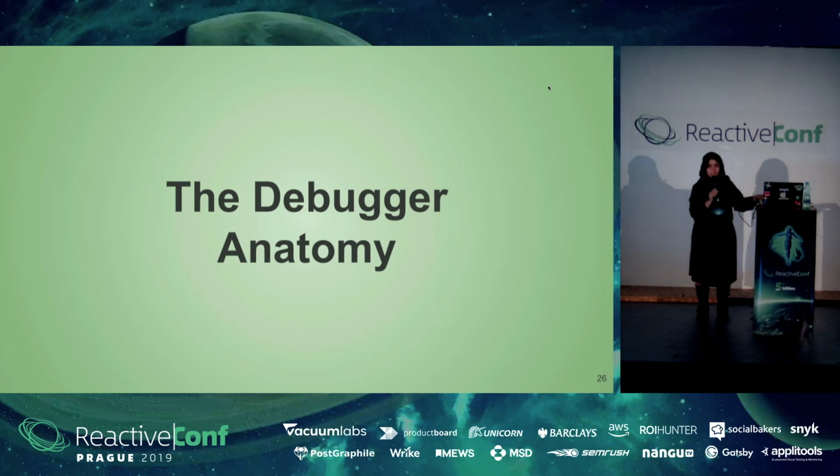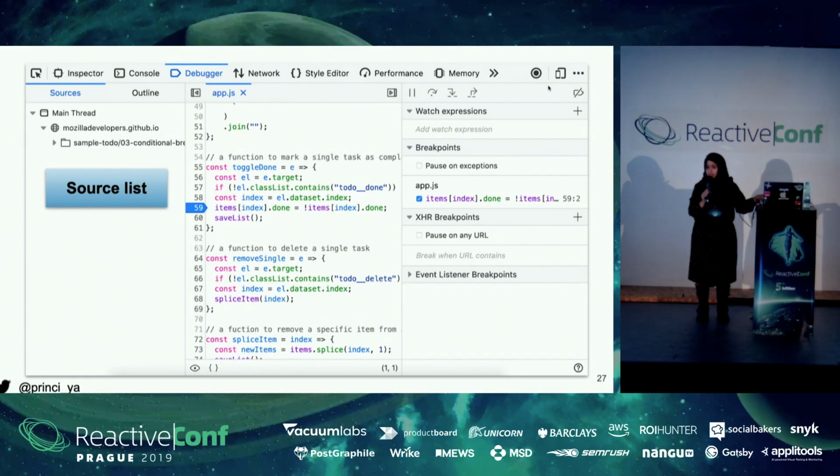The debugger anatomy, or what comprises the debugger. This is the list of sources. So as you debug your code, it's quite important to see all the list of files that are there. And the mid panel is the source pane, which shows the source code itself.